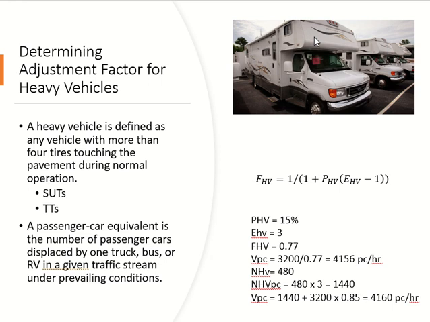Okay, I have 2% trucks and rolling terrain. This example was also for rolling terrain, right? Okay, so EHV is still 3. Okay, I will put PHV as 2%.